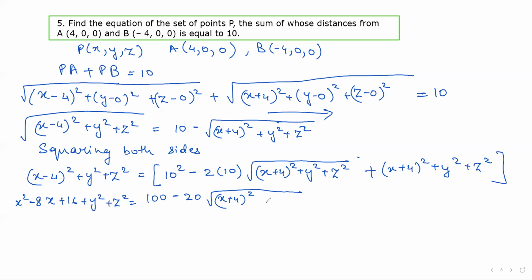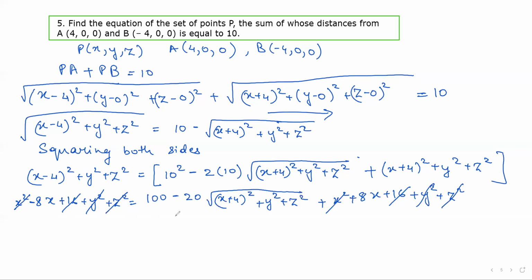However, we can expand the root, but that will only lead you to writing 2 extra terms for the time being that you will not be able to calculate. This is expanding x square plus 4 into 2, 8x plus 16 plus y square plus z square. So z square, y square, x square, 16 gets cancelled with 16.